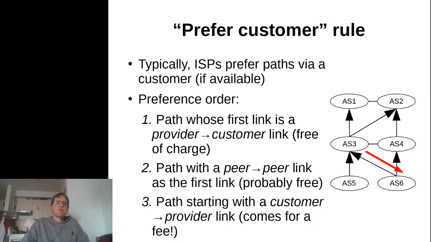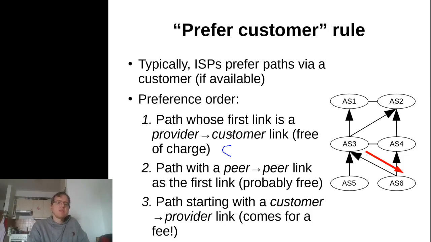So the preference order is the following. Whenever an AS has multiple paths to a remote destination, it will first try to choose a path which starts with a provider to customer link. Recall that the label for these types of links is C. So wherever a path is available that starts with the label C in the directed graph representation, an AS will try to choose that.